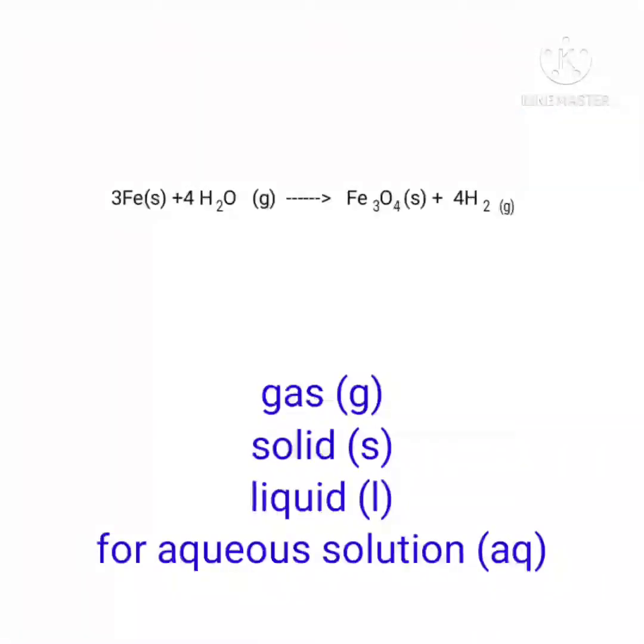To make a chemical equation more informative, the physical states of reactants and products are mentioned along with their chemical formulas. The gaseous state is represented as g, liquid as l, solid state as s and aqueous state as aq. Now we can write the equation as 3Fe solid plus 4H2O gas gives Fe3O4 solid plus 4H2 gas.